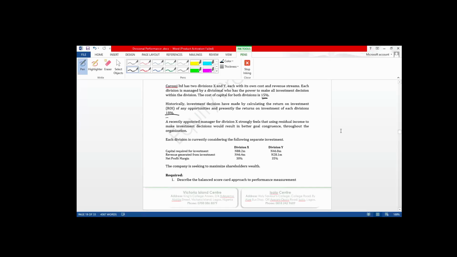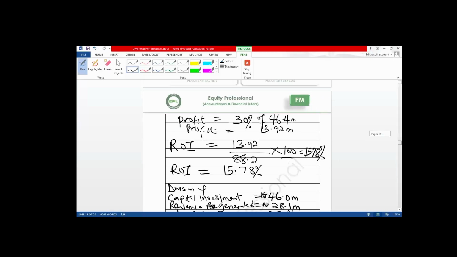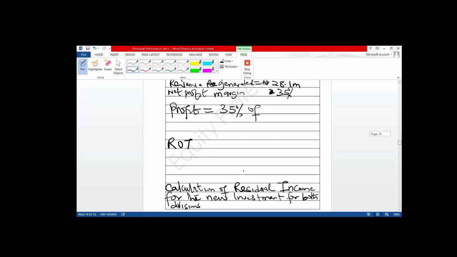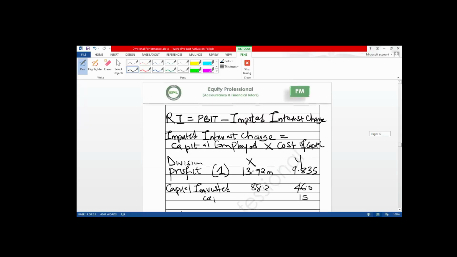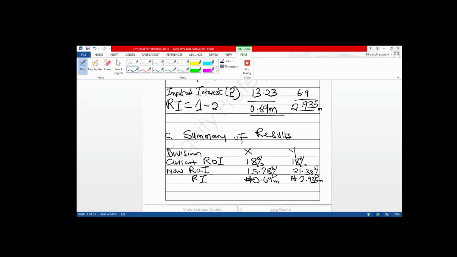Now, the question to the class: look at the summary of results. Currently, Division X is generating return on investment of 18%.